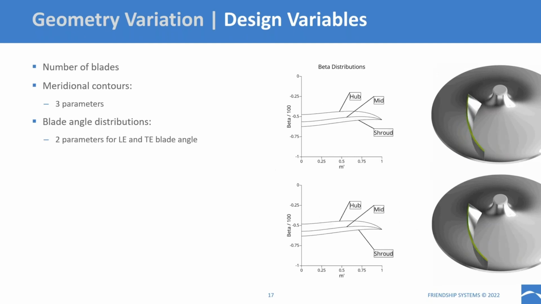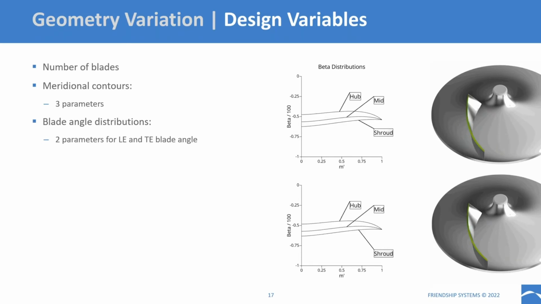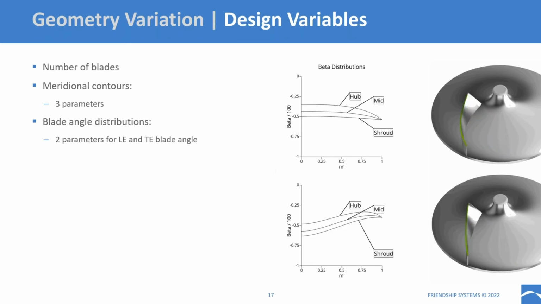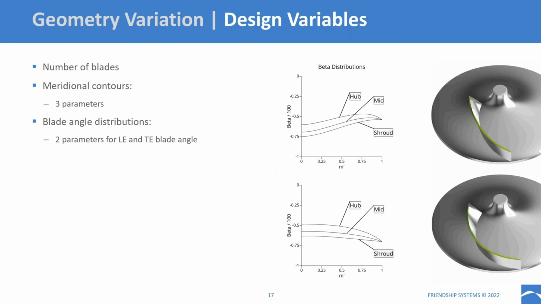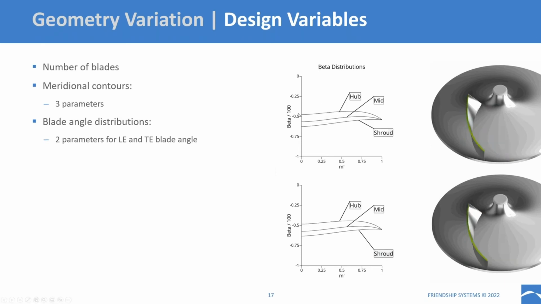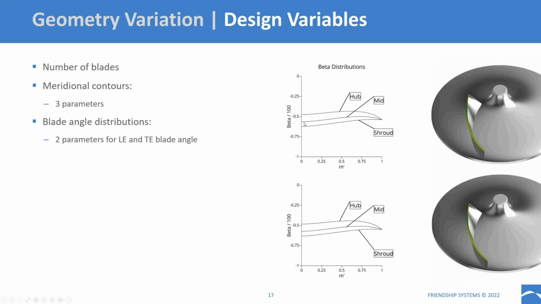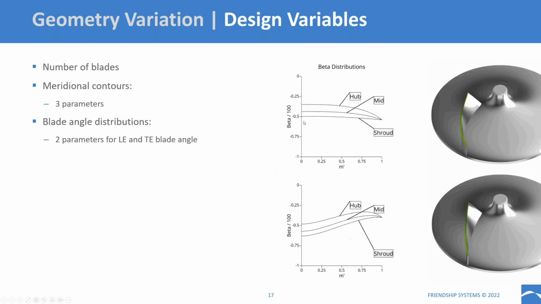Then we had some parameters which were related to the blade angle distributions that I introduced before. So we have here 2 parameters for the leading and trailing edge blade angle. In the upper animation here, you can see the variation of the blade angle at the leading edge. The 3 curves for hub, mid, and shroud are coupled to each other.